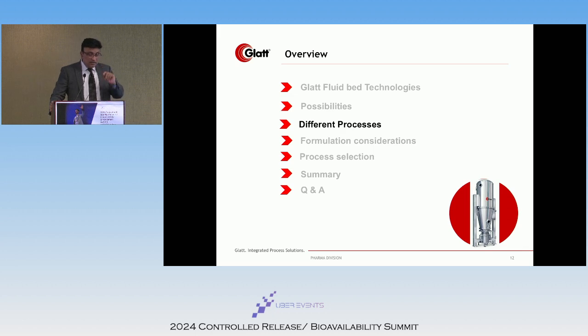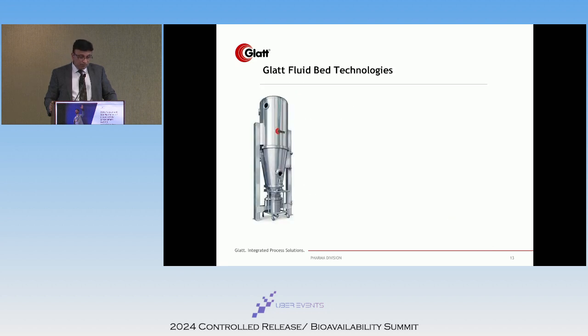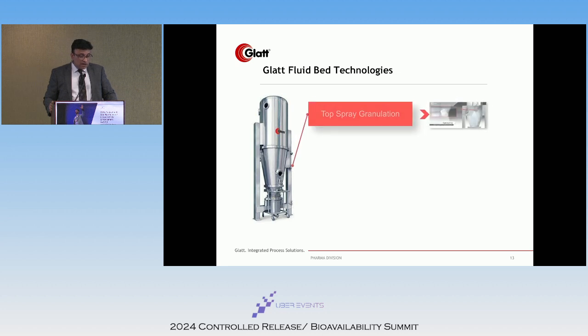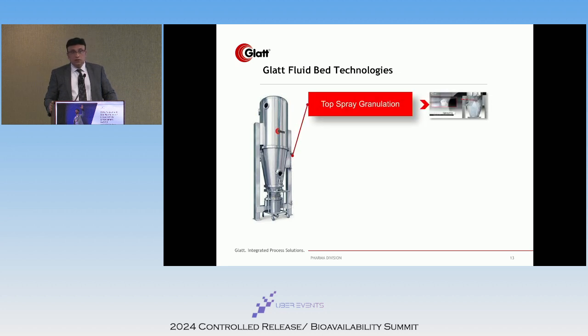Now, let's look at the different processes which can make the products that we are talking about. Glatt fluid bed, one of the highly used processes, is the top spray granulation, where the solution is sprayed onto a substrate, which gives the agglomeration of this powder, free flowing, that goes into capsule, tablet, or you can coat that.